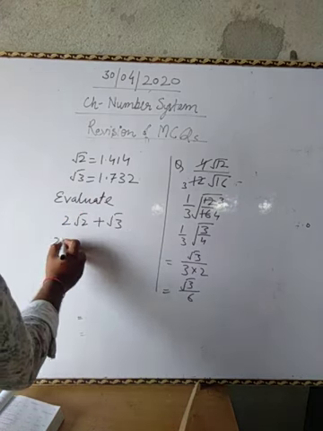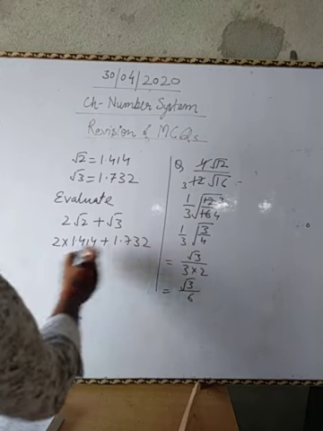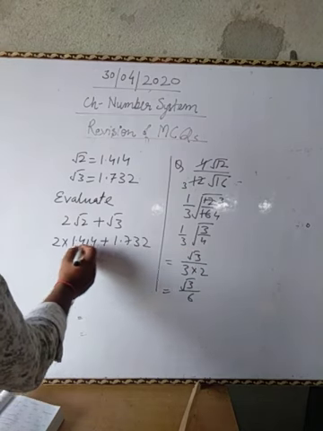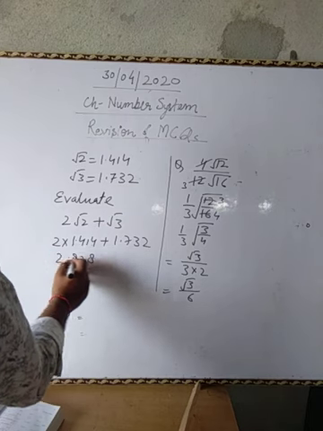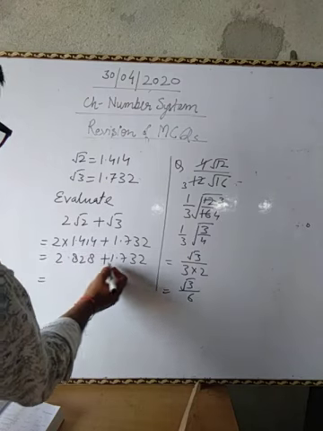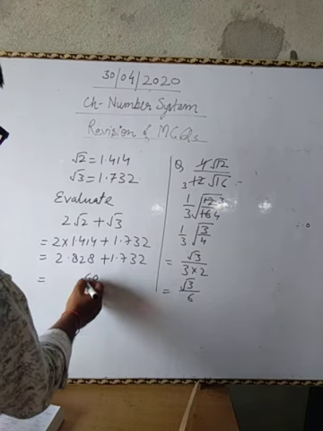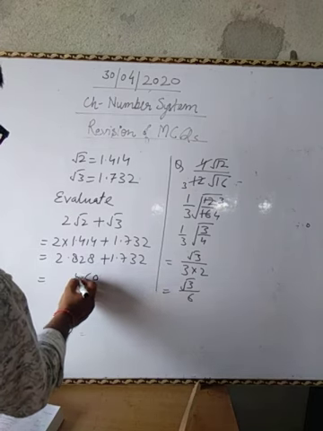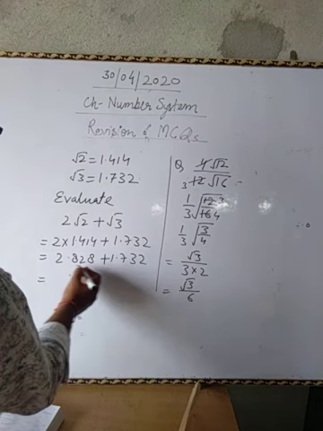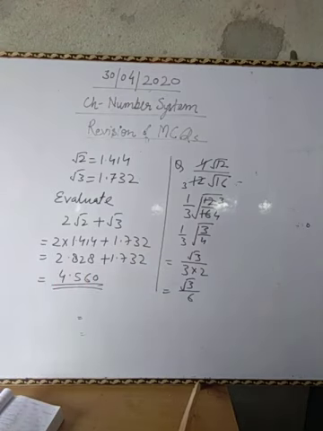So simply you may write 2 into 1.414 plus 1.732. 2 4s are 8, 2 1s are 2, 2 4s are 8, and this is 2 plus 1.732, and find the sum. 8 plus 2 is 10, carry 1, 3 plus 2 is 5, 5 plus carry 1 is 6, and 7 plus 8 is 15, carry 1. Now 1 plus 1 is 2, 2 plus 2 is 4. So the result is this.